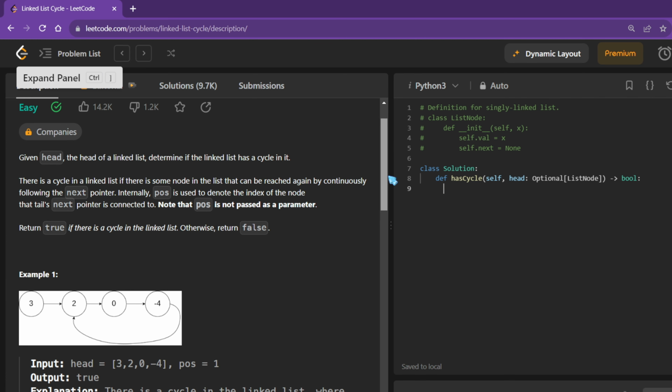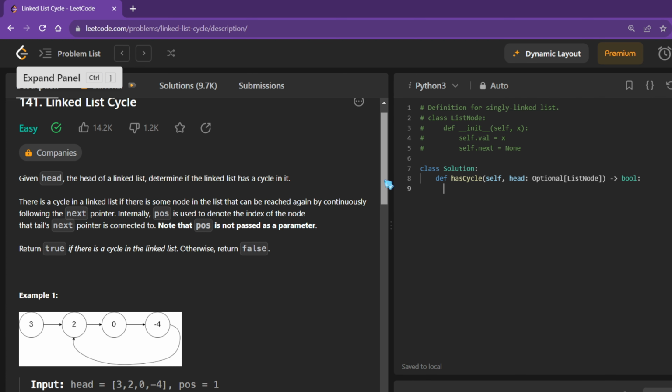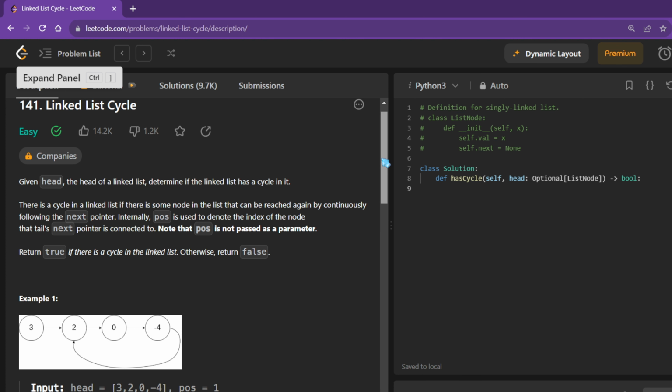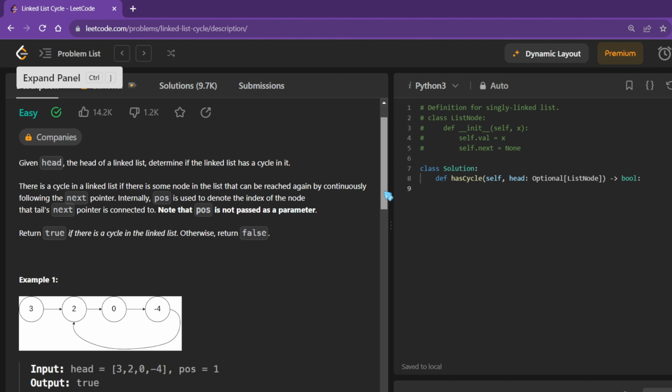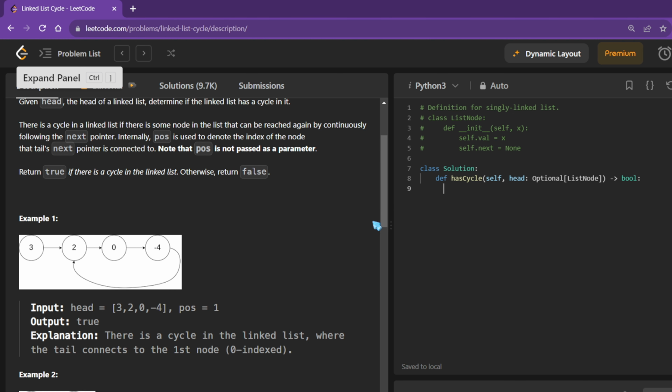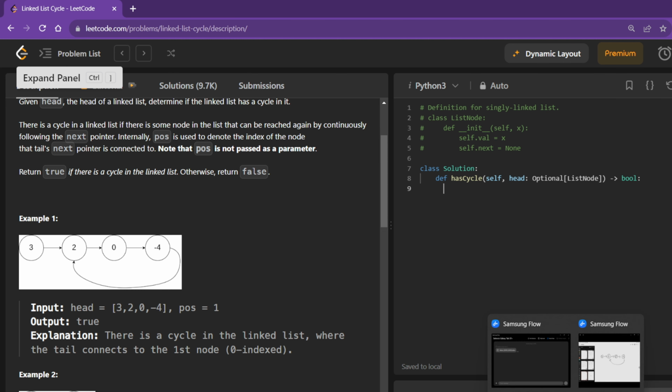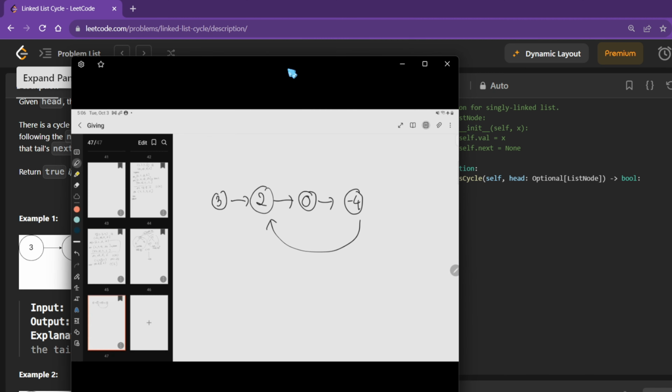So what is the trick here? The trick is to remember to use the fast and slow pointer. Typically in this question it is the fast and slow pointer. One thing to remember is if there's a cycle in it, the fast and the slow pointer are going to meet at one point in the linked list. Look at one of the examples right here.